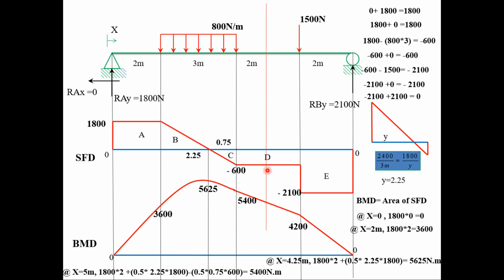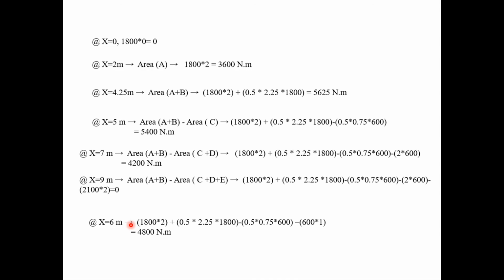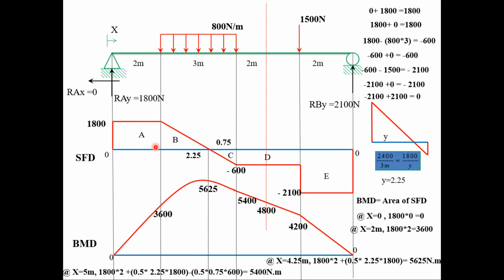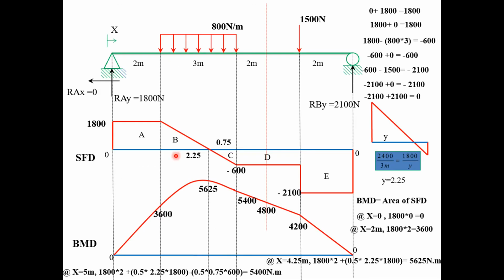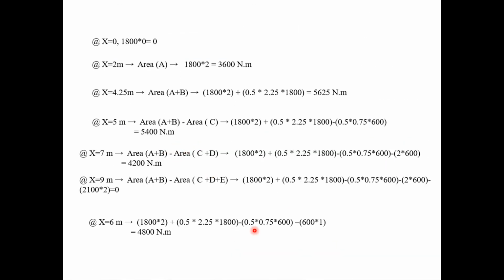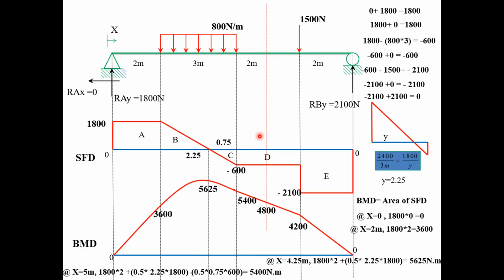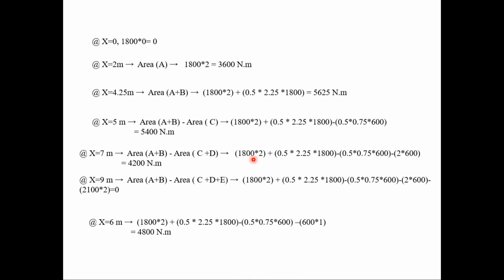So it will be the area of region A plus B minus C and parts of region D. So its value at x equals 6 meter will be 1800 times 2 to represent region A, half times 2.25 times 1800 Newton to represent region B, minus 1/2 times 0.75 times 600 to represent region C, and to represent parts of region D, we will take minus 600 times 1 meter. So it will give us 4800 Newton.